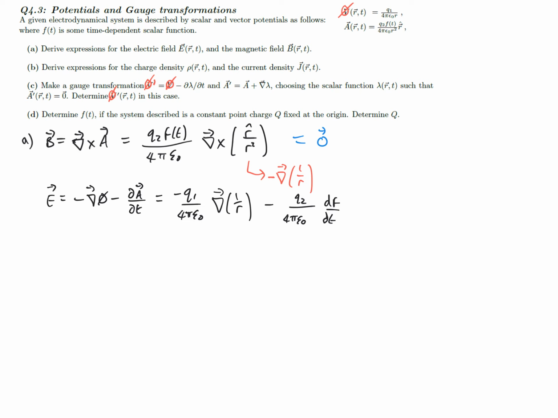I'm converting that into a total derivative with straight d's there, because f only depends on time, and then that whole thing is multiplied by r hat over r squared.